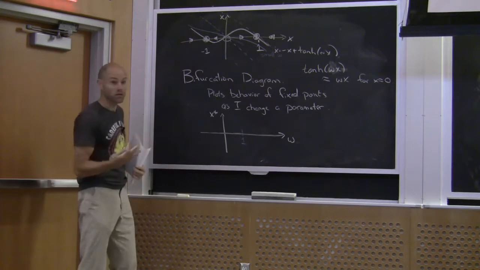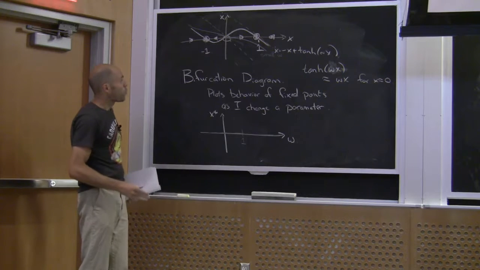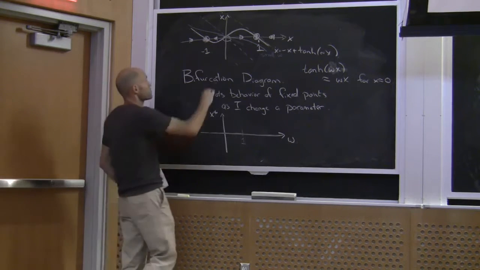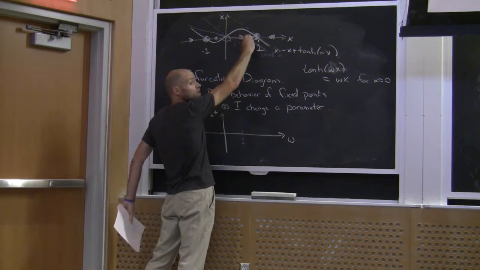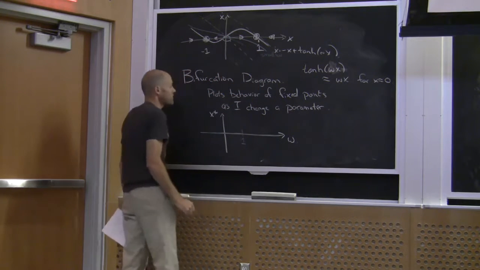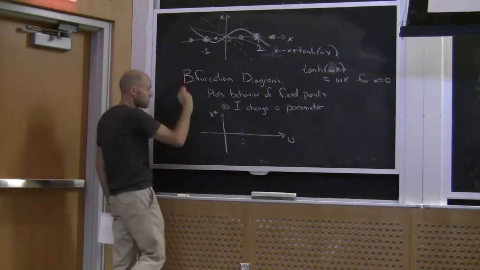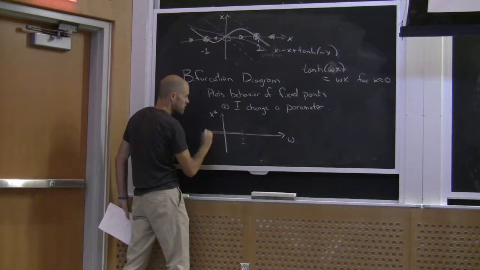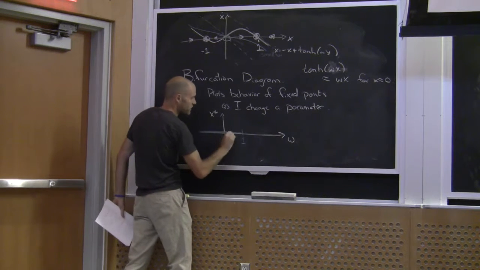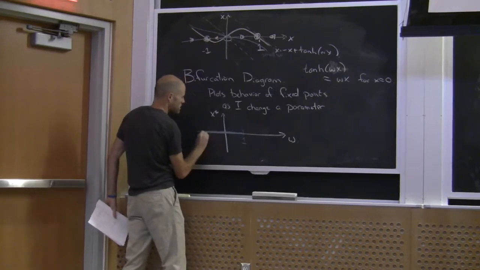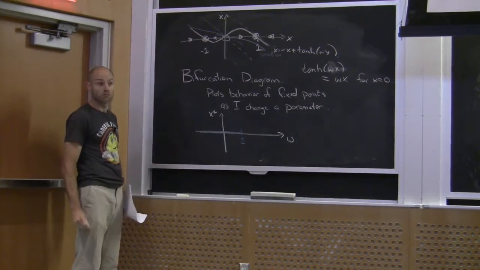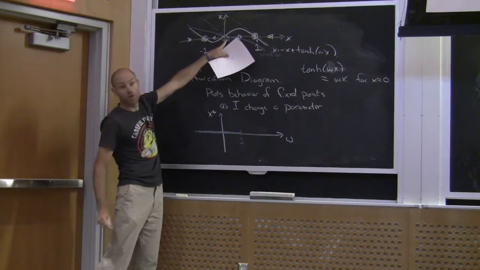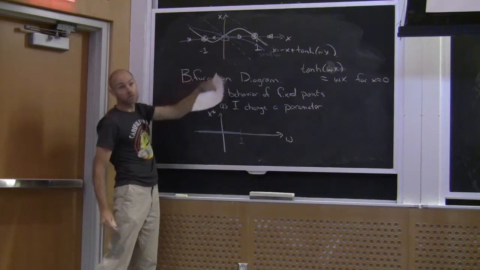That's the critical point. When W is smaller than 1, that's when the slope of this line just happens to kiss the axis, right? When W is smaller than 1, I have a stable fixed point at X star is 0. The only fixed point I have is at the origin, and it's stable.